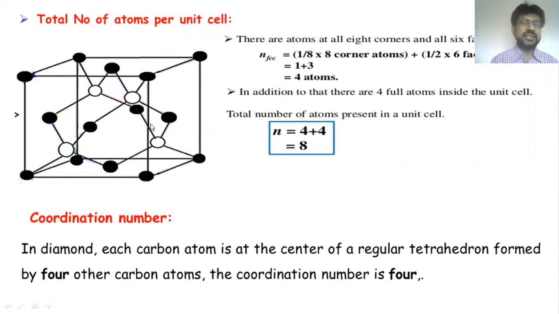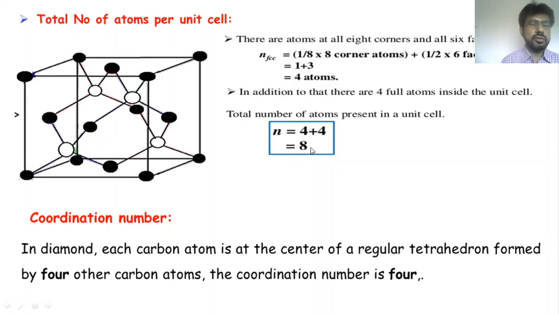We also know that its contribution is 1/2, and there are the 4 atoms which are present internally in that unit cell. Its contribution is full. Therefore, we can say that the total number of atoms present in this unit cell is equal to 4 plus 4, and that is equal to 8. So remember that in case of the carbon type of unit cell, there are 8 atoms present in the unit cell.